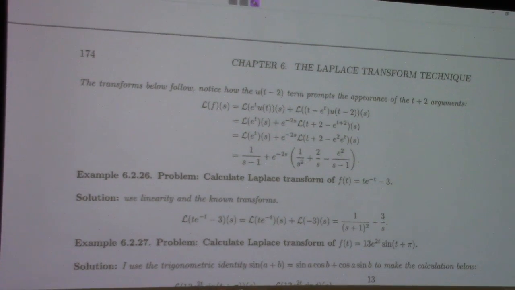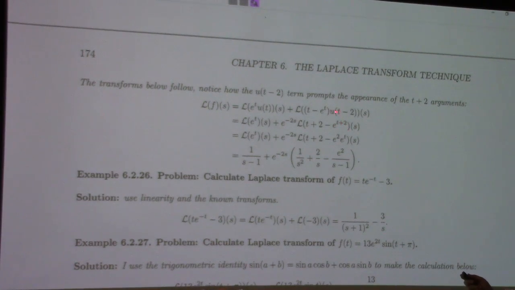So, to calculate the Laplace transform of this and that, we have to feed it through the formula that was about right here. This one is fine. That's just e to the t, which is 1 over s minus 1, right? But for this piece over here, we have e to the minus 2s times the Laplace transform of not t minus e to the t, but I replace t with t plus 2, and then t plus 2 in the exponential also.